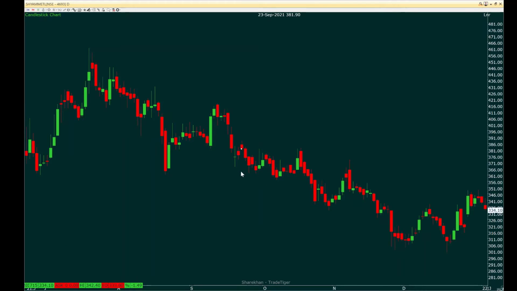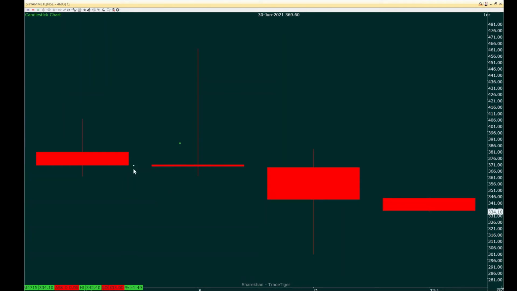So if you see the overall structure, we'll go to the quarterly chart. If you see the 1, 2, 3, 4 quarters, it is actually coming down and it is not showing much momentum towards the upside.